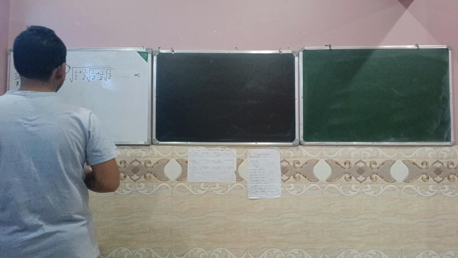There is a formula for sine of a plus b: sine a cosine b plus cosine a sine b. Here a and b are both x, so eventually they add up to 2 sine x cosine x, hence proved.